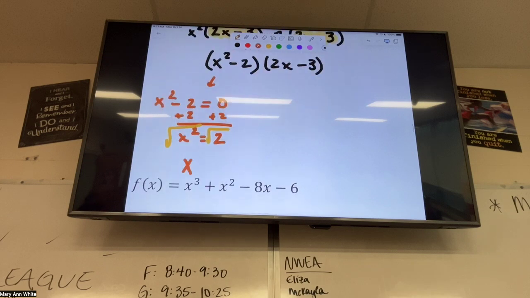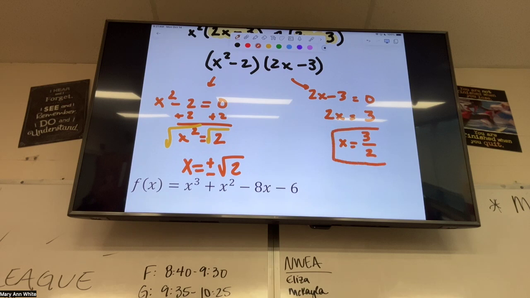And so 2 of my answers actually are positive square root of 2 and negative square root of 2. You guys okay with that? Same idea with the other one. We're going to set 2x minus 3 equal to 0. Add 3 to both sides. Divide by 2, x equals 3/2.